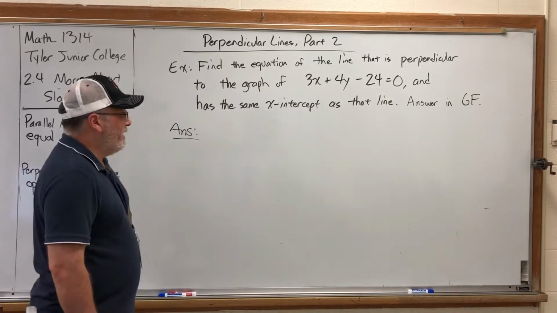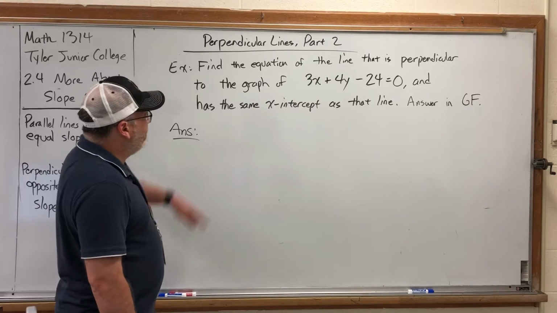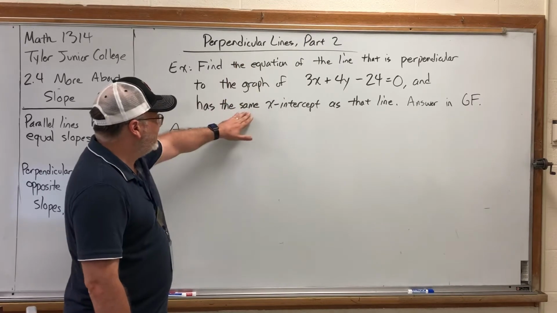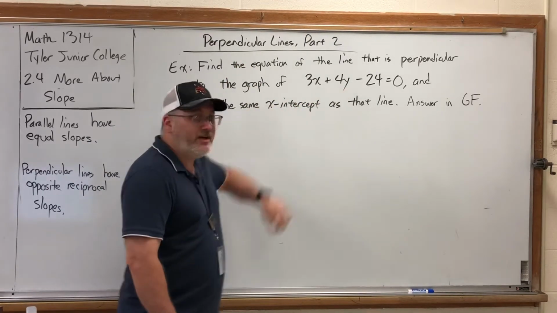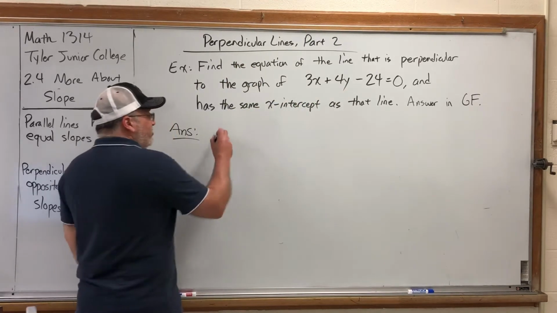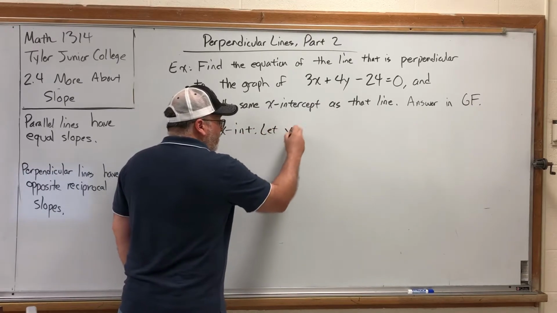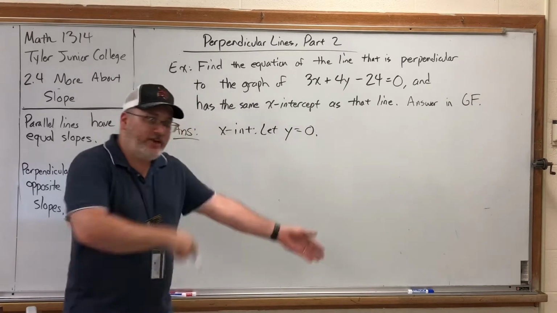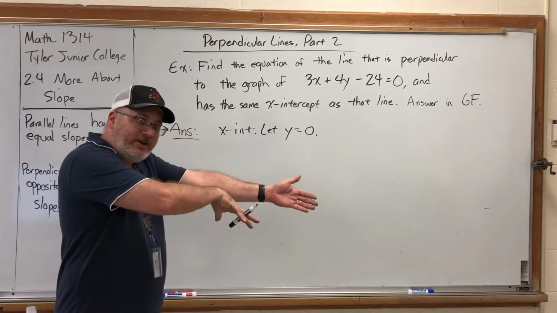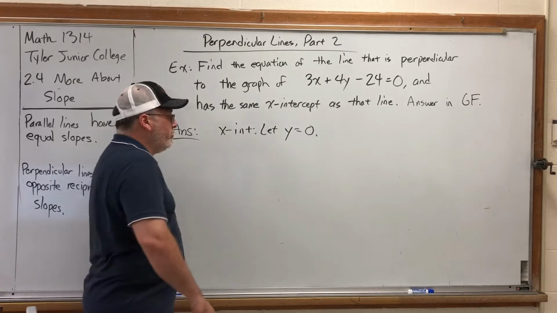Let's start with the point that we need. We're told to find the equation of a line that has the same x-intercept as this line. And recall, to find the x-intercept, you let y equal 0. Because after all, if you're on the x-axis, you did not move up or down, so your y-coordinate is 0.